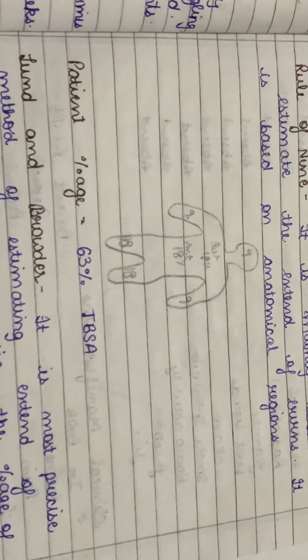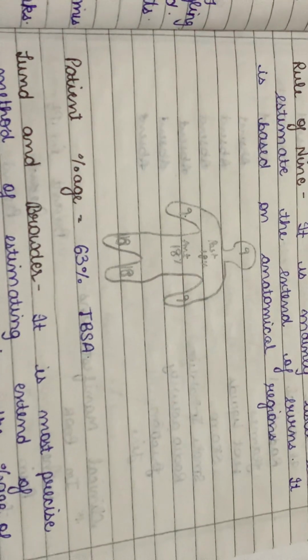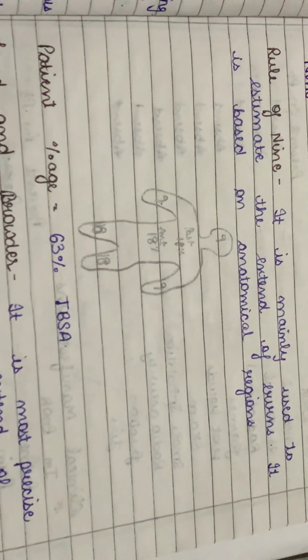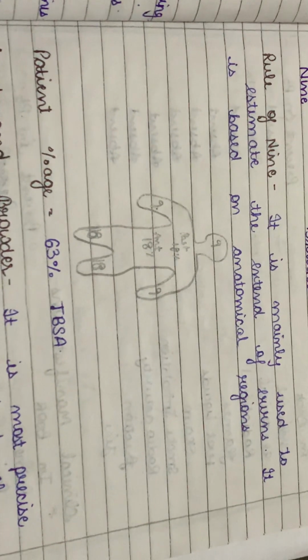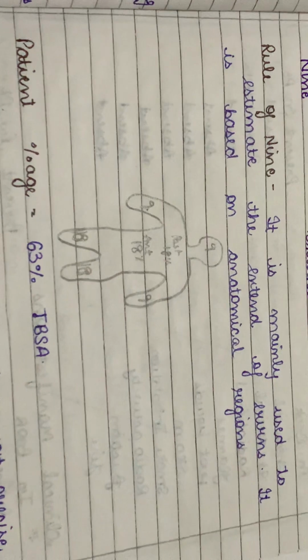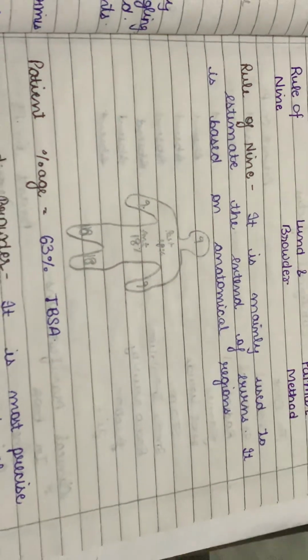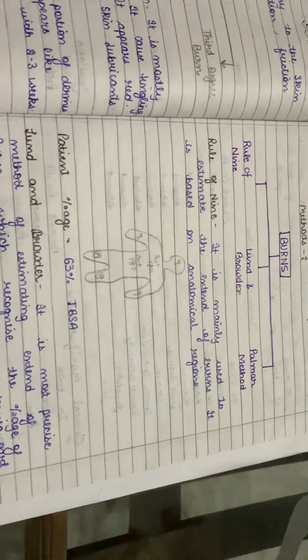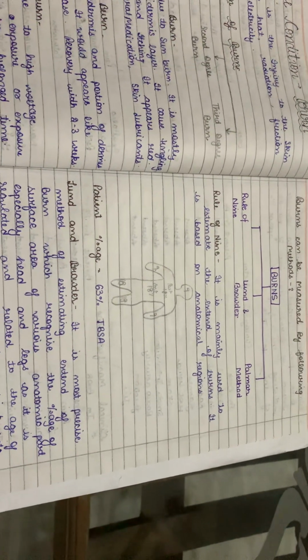Each leg includes 18%, that is 9% for anterior and 9% for posterior. Then there is head and neck, 9%, 1% for genitalia. For the chest, anterior there is 18% and posterior there is 18%.